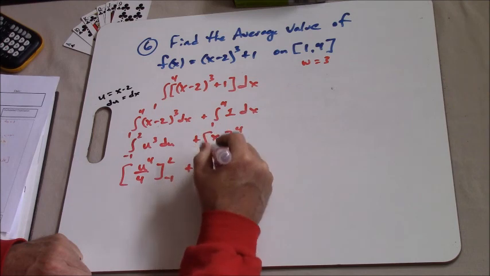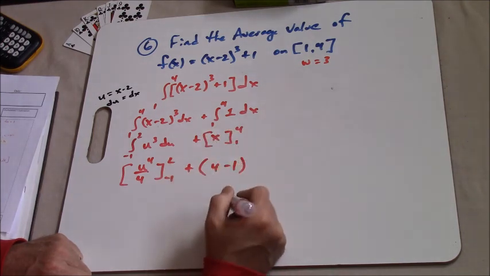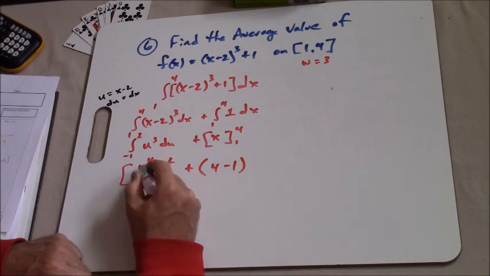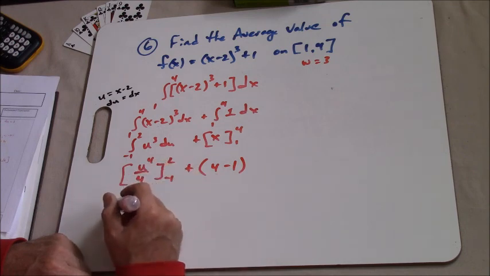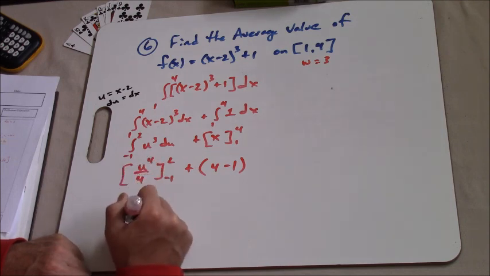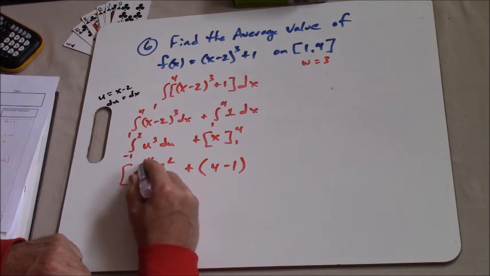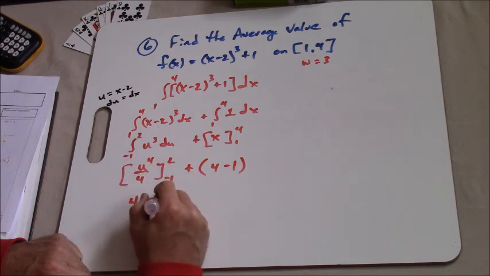This will be plug in a 4, subtract what you get when you plug in the bottom number. So if I plug in a 2 here, 2 to the 4th, that's 2 times 2 is 4, times 2 is 8, times 2 is 16, over 4. That would be 4. If I plug in a negative 1, I'll get a positive 1 over 4.